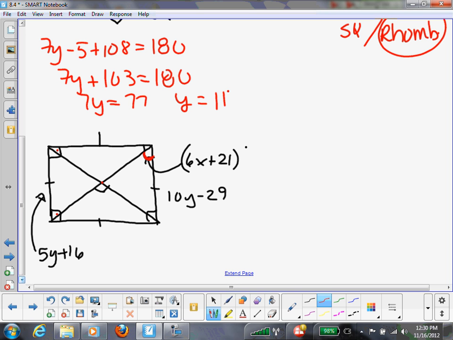Isn't a square a parallelogram? Or can you go the other way? You go from the most specific. The most specific is everything. The lesser specifics is not going to be the most specific. A square has everything. So a square is everything else. But everything else is not a square.